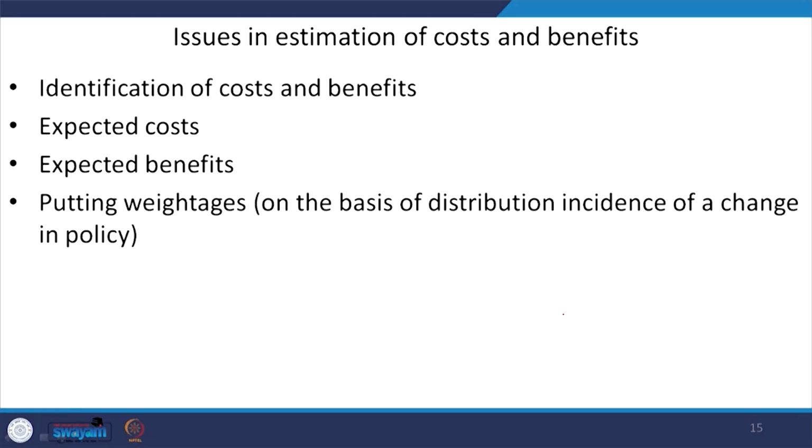But still there is a doubt, or a controversy, whether we are able to identify those less privileged sections. If you are not doing this exercise properly, then obviously the distributional incidence of this particular policy, based on which we are putting the weightage, will not be a right exercise.